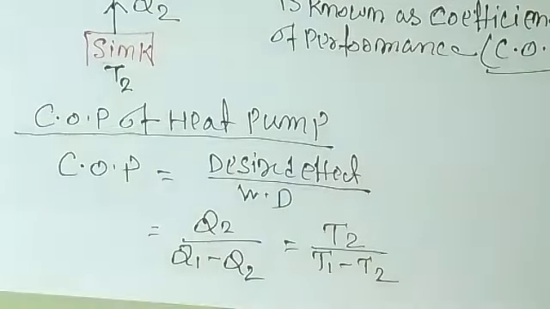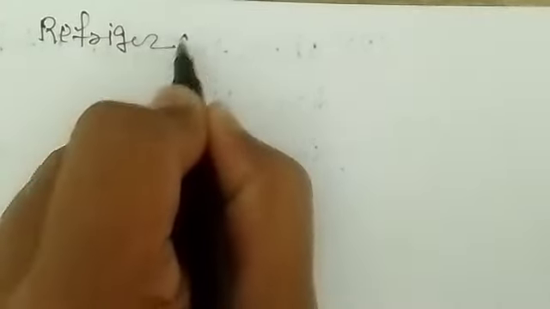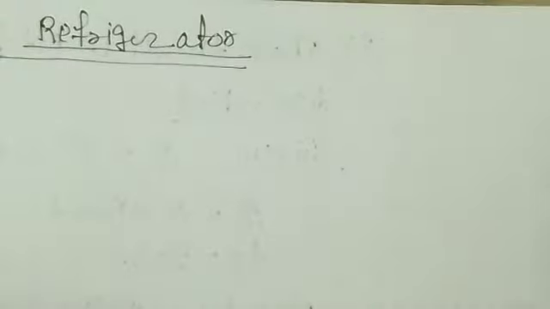One more reversible engine is there, that we call a refrigerator. So our next topic is refrigerator. This is also one type of reversible engine in which the heat flows from the lower body to the higher body. The purpose of a refrigerator is what?